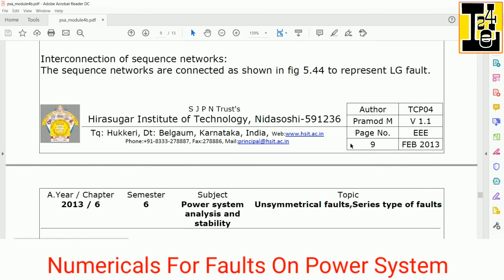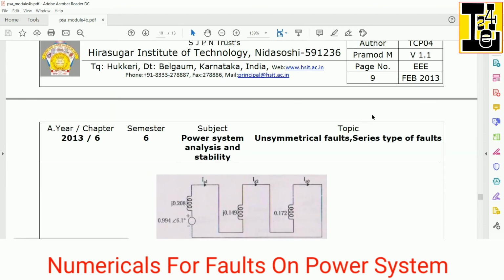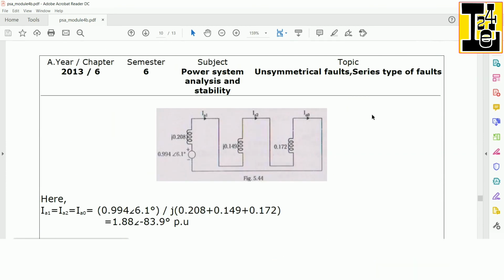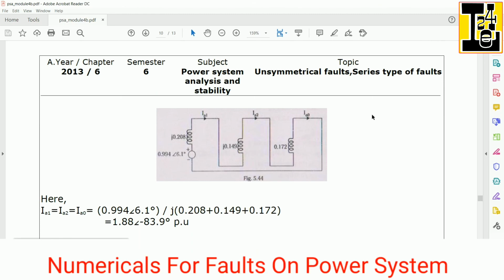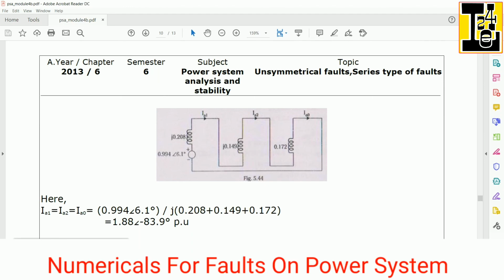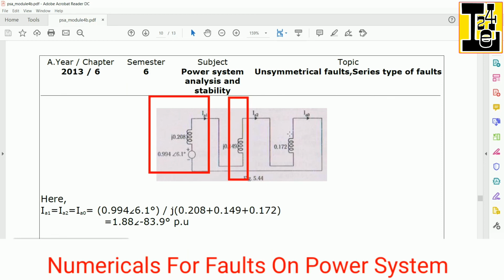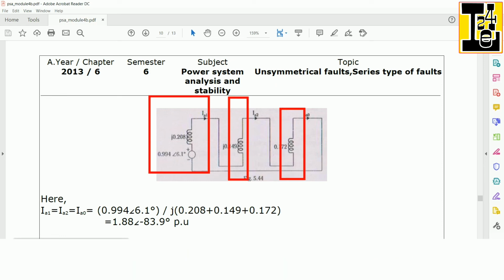So as there is an LG fault which is occurring at point F, that is at the midpoint of the transmission line, the characteristics of the LG fault say that the positive Thevenin equivalent network, the negative Thevenin equivalent network and the zero Thevenin equivalent network are connected in series.